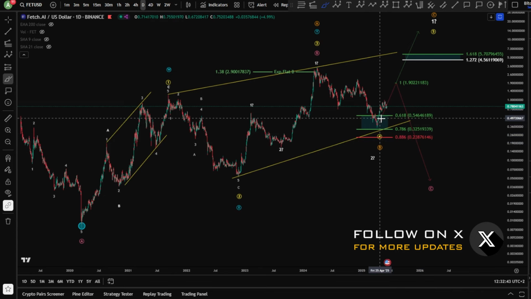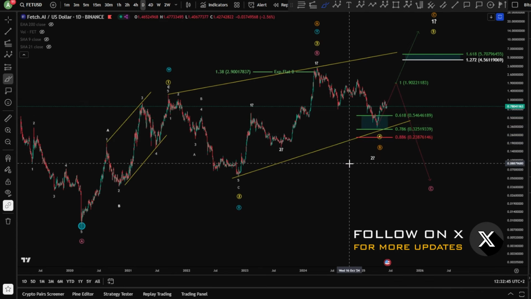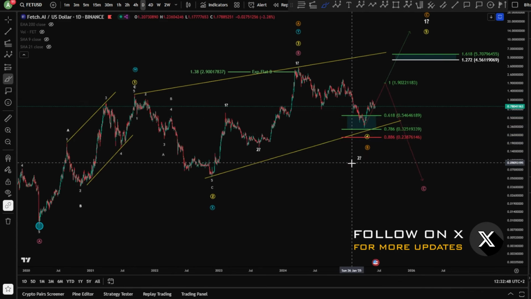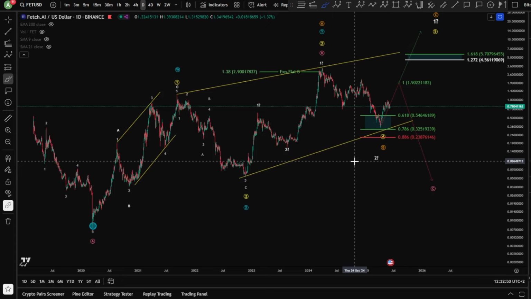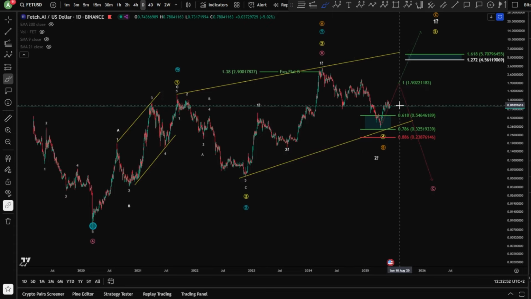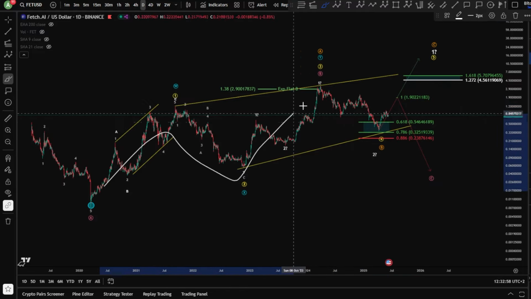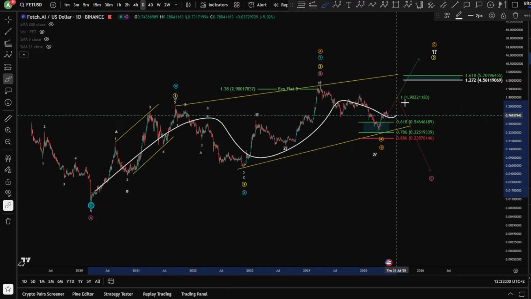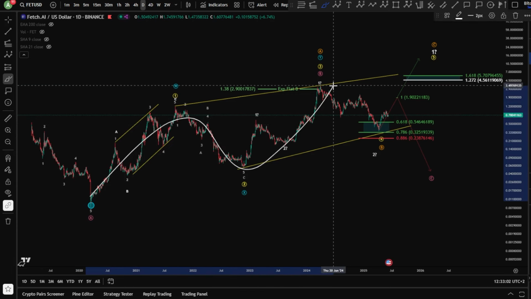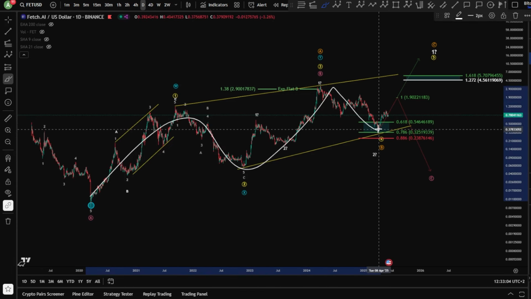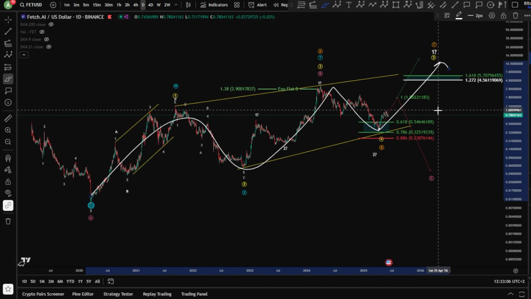So I would say FET is very, very bullish and very ready for higher. The structure is positioned in a way that it is very impulsive for higher in 3 main bullish scenarios: 1, 2, 1, 2, or leading diagonal, or even W, X and Y for wave A, wave B finished, and then wave C toward the upside.